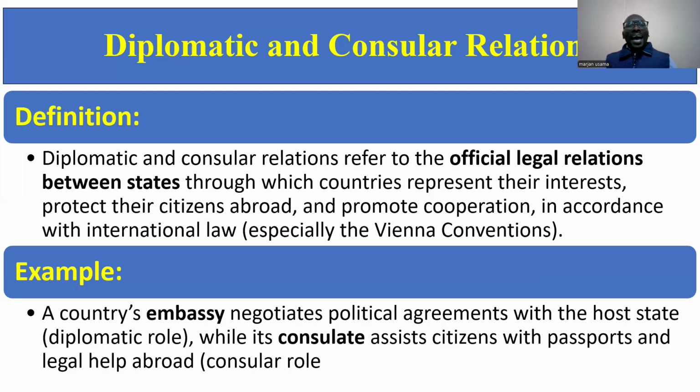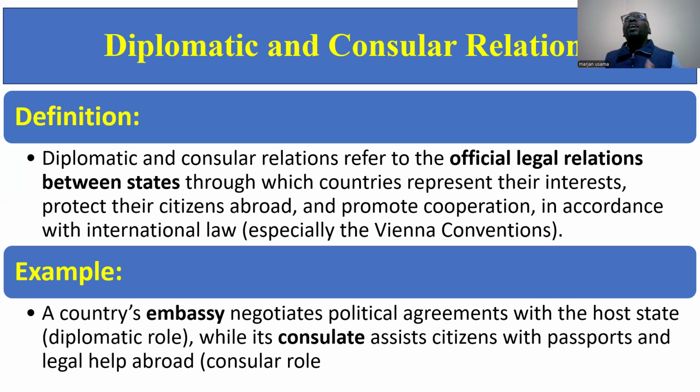For example, a country's embassy negotiates political agreements with the host state. So the diplomatic role is for the embassy, the ambassador, while we also have the consulate. Some countries don't have embassies, they have consulates. A consulate assists citizens with passports and legal help abroad.